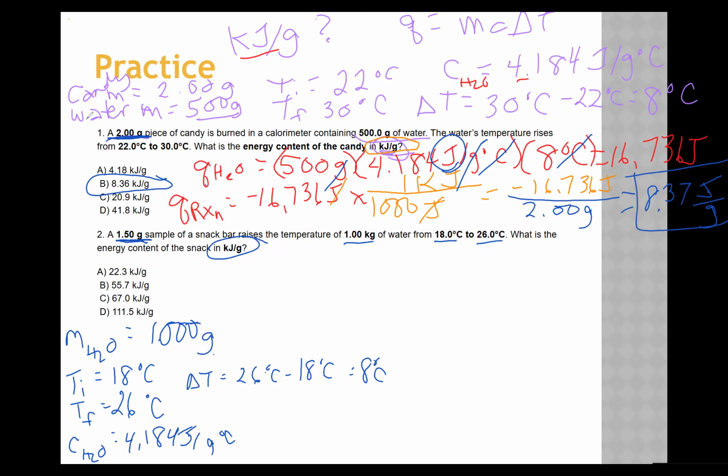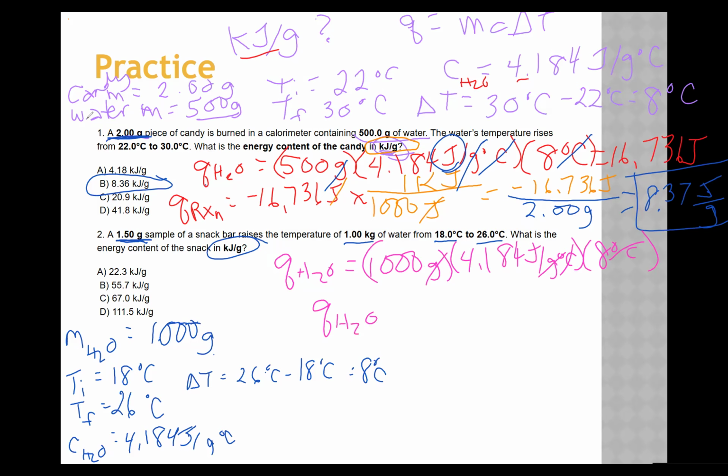Now I can plug everything into my equation. The Q of water equals my mass of water, which is 1,000 grams, times 4.184 joules per gram degrees Celsius, times 8 degrees Celsius. Degrees Celsius cancels, grams cancels.